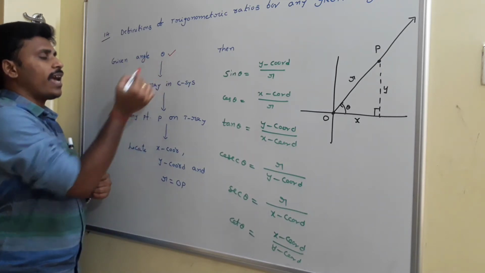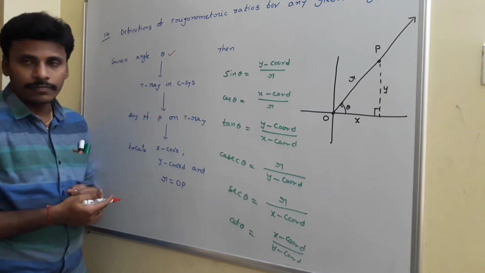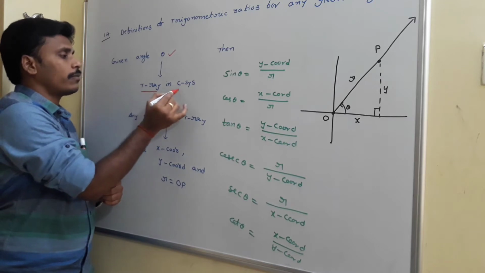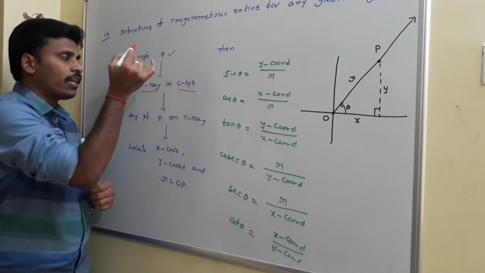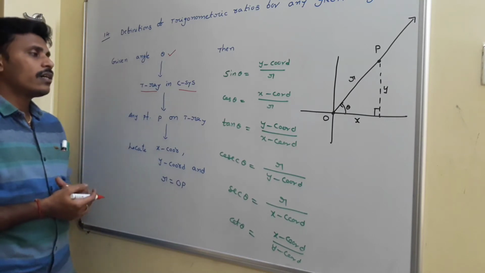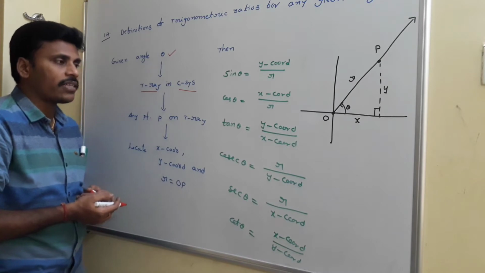Suppose that angle is theta. Then you need to represent its terminal ray in the coordinate system. For every angle we have a corresponding terminal ray in the coordinate system, by treating the positive x-axis as the initial ray.